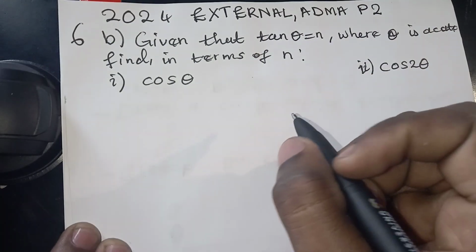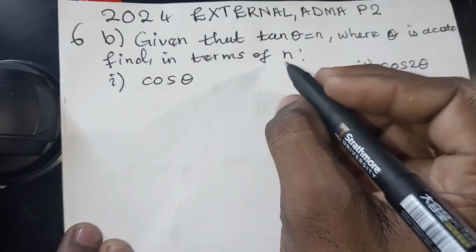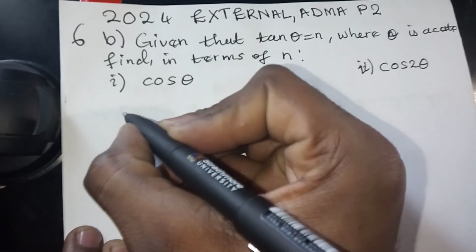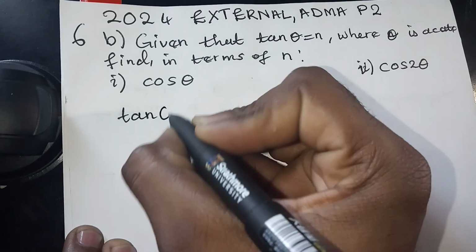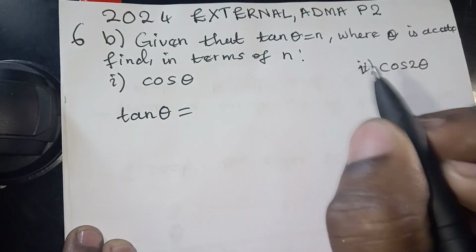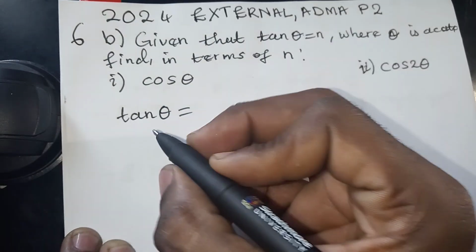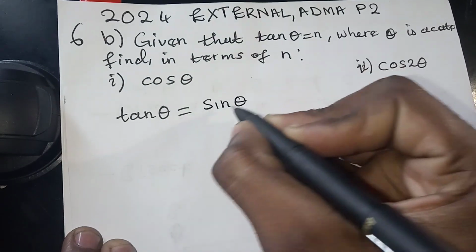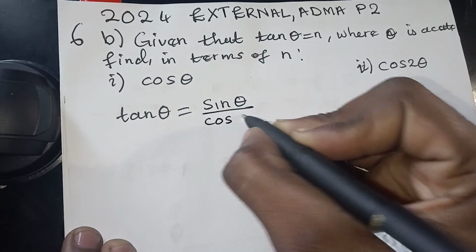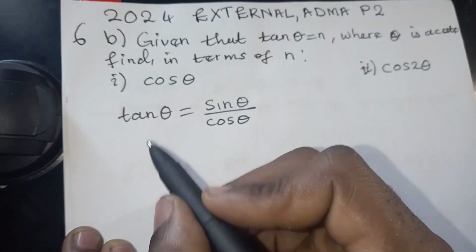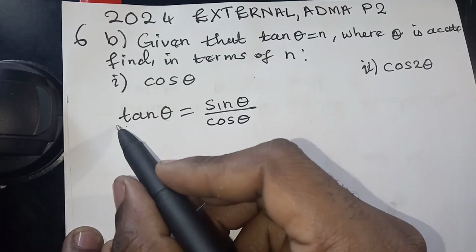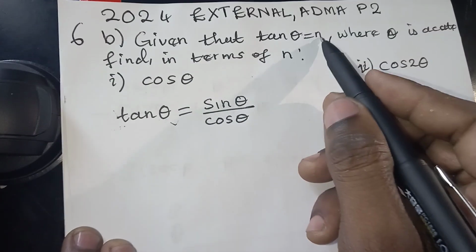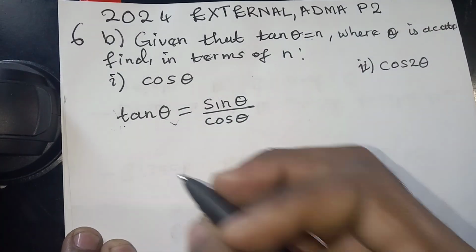So for the first one, you can start by writing down tan theta in terms of sine and cosine. We know that tan theta is equal to sine theta over cos theta. And then you also know that tan theta here is n from this information there.